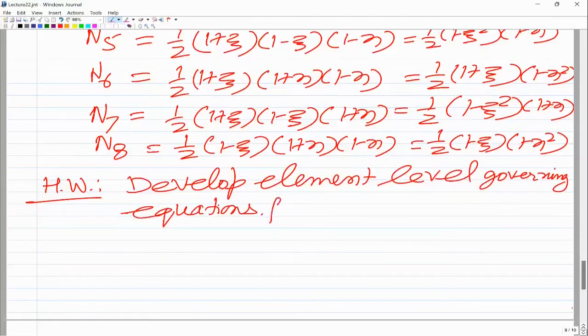for the three types of 2D structural elements we have discussed. So plane stress and strain can be dealt together. So that is one. Plane stress, plane strain, and axisymmetric.